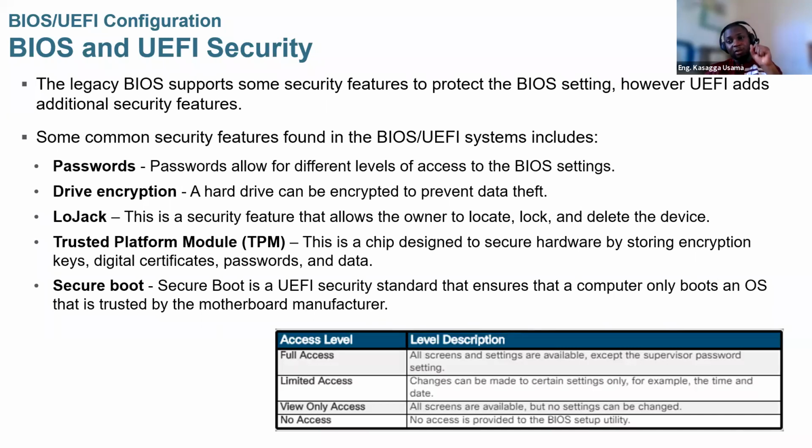How do you go through BIOS? I'm going to make a quick video for you so that you can easily understand how to go through BIOS. But if you apply a password and you forget it, you need to go through BIOS, remove the CMOS battery, and take it back, and the password is gone.